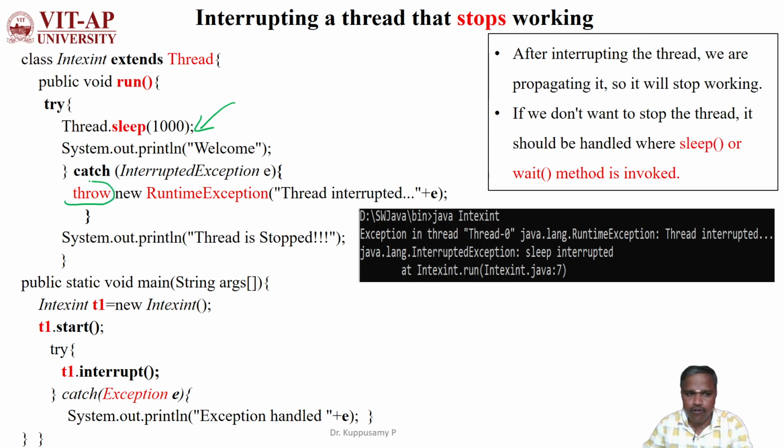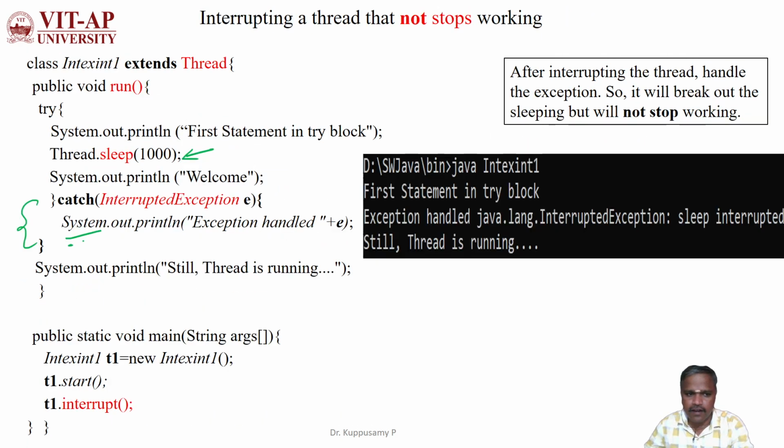Previously we threw that exception, but here we are handling it, which does not stop the program's execution. You see the next statement is executed after the try catch block. The thread is still running, and this statement also runs. Suppose you have any more statements here, those statements also will execute without stopping the program, because we are handling that exception here itself where the sleep method is introduced.